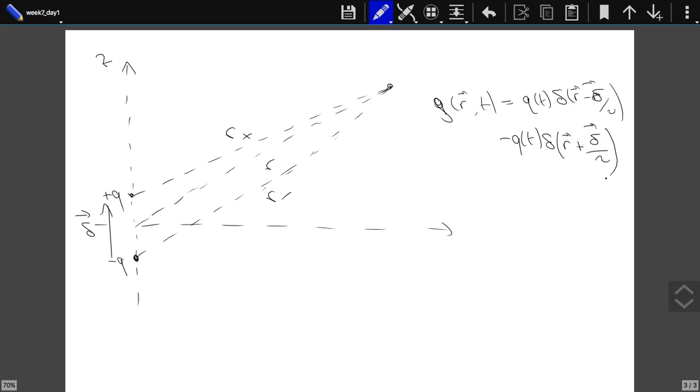This is the volume charge density. I have 2 point charges, plus q and minus q. They are dependent on time. One is at delta over 2, the other one is at minus delta over 2. This vector pointing from the origin to the plus q charge is delta over 2. And the vector pointing from the origin to the minus q charge is minus delta over 2. That is that second term over there.